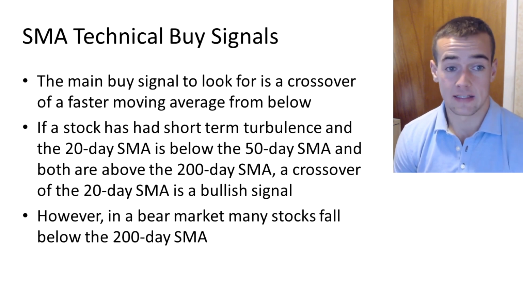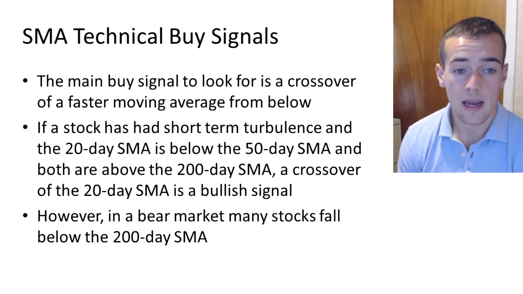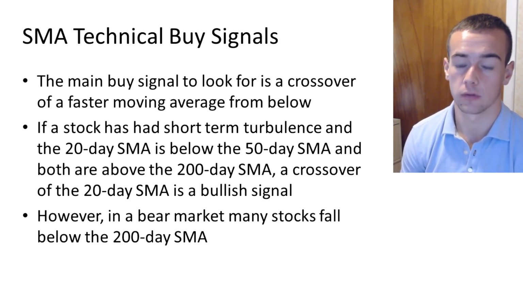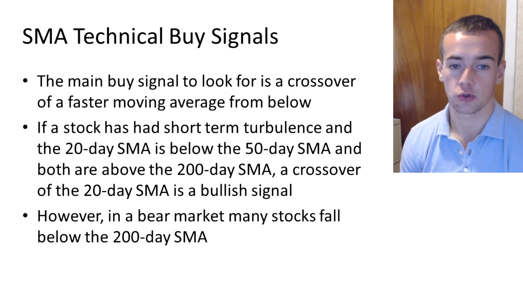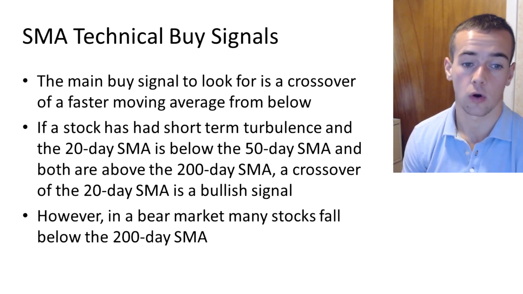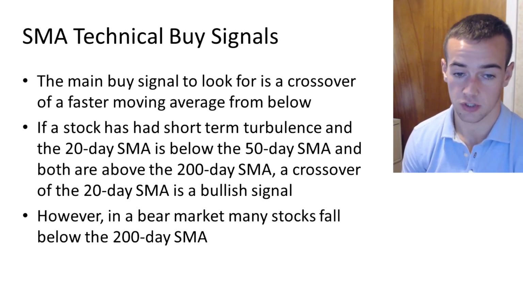So what are the buy signals when it comes to the simple moving average technical indicator? Well, the main buy signal to look for is a crossover of a faster moving average from below. So if a stock has had short-term turbulence and the 20-day simple moving average is below the 50-day simple moving average, and both are above the 200-day simple moving average, a crossover of the 20-day simple moving average is a bullish signal.